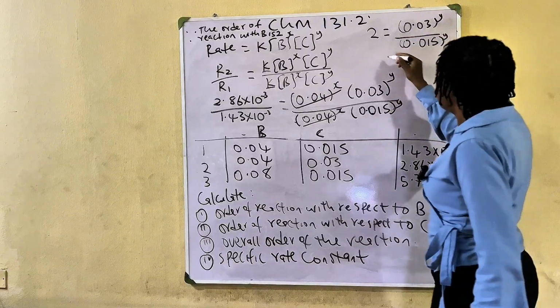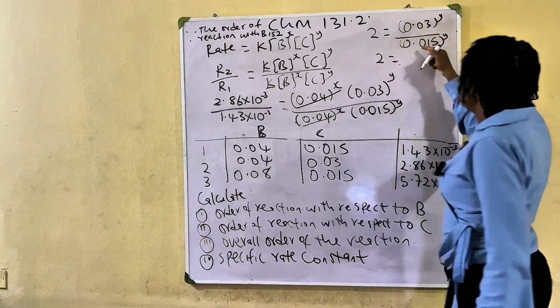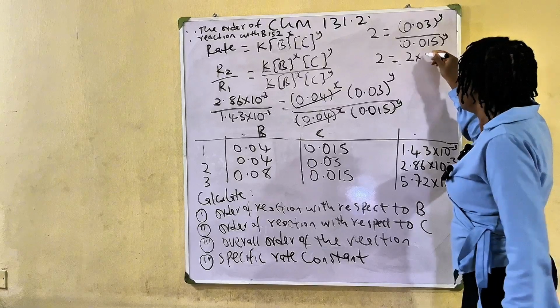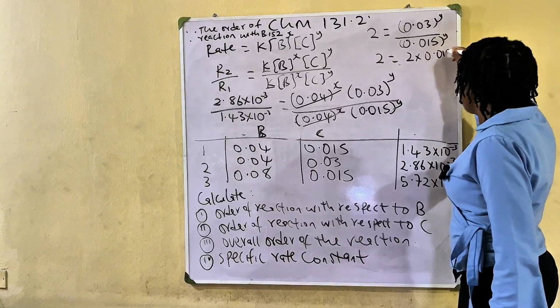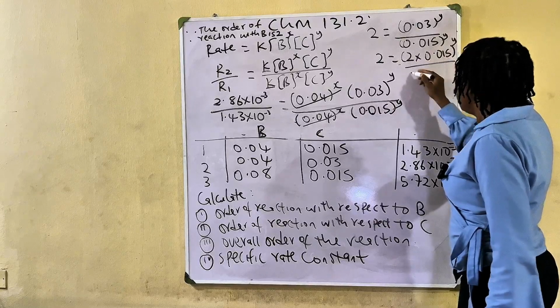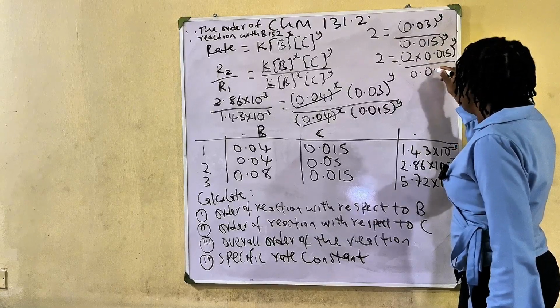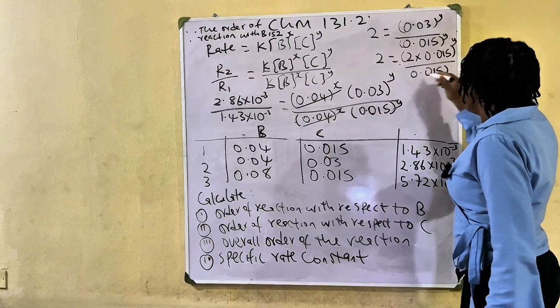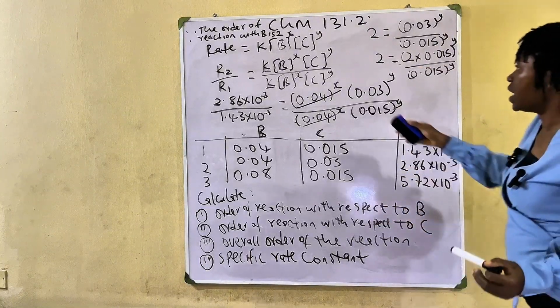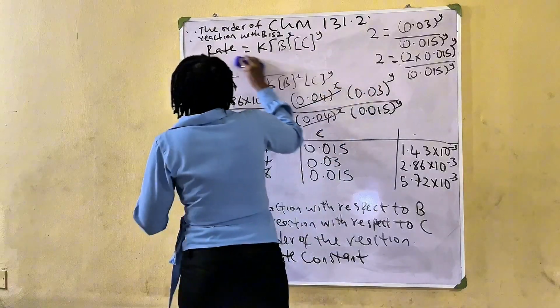Of course, if you divide this, it will give you 2. It's like saying 2 times 0.015 raised to the power y all over 0.015 raised to the power y.